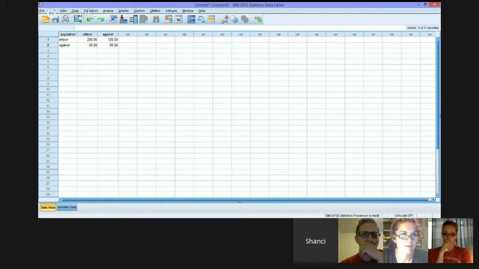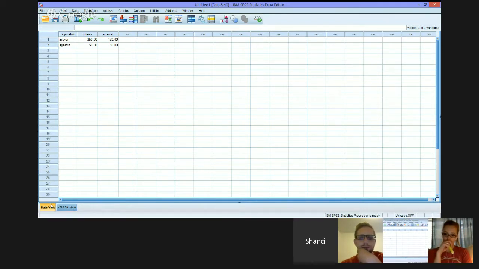How did you name your columns like that? Can you see this right down here? Yes. Okay, so you put in Democrat, Democrat, Republican, Republican. And then your next variable is in favor, and then I put against.